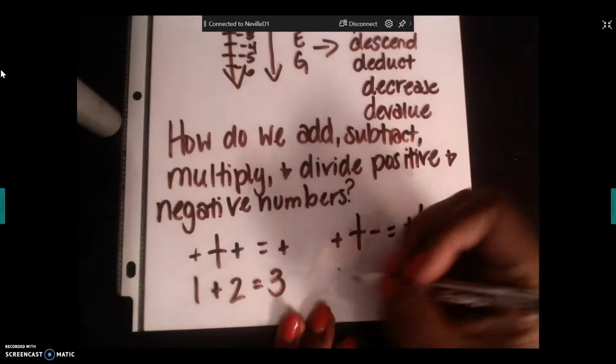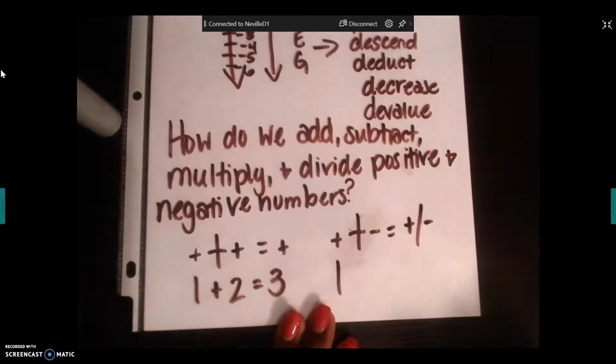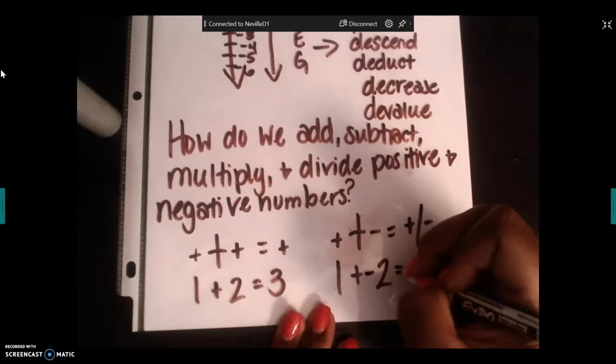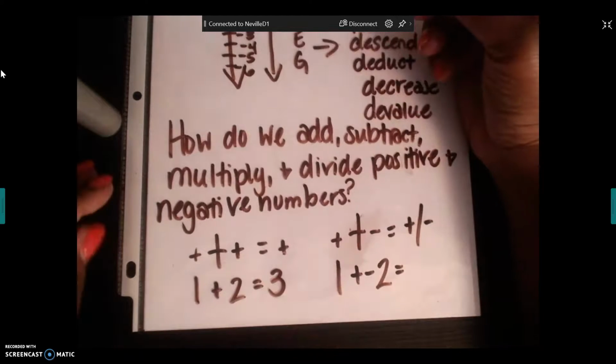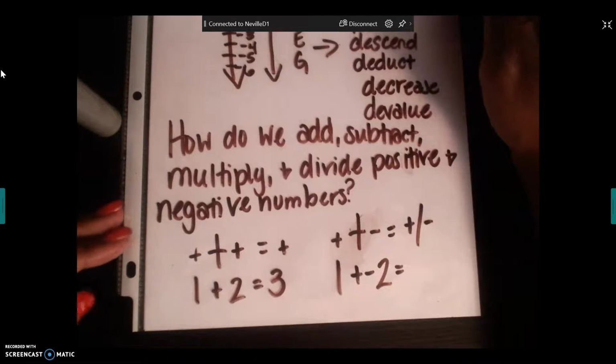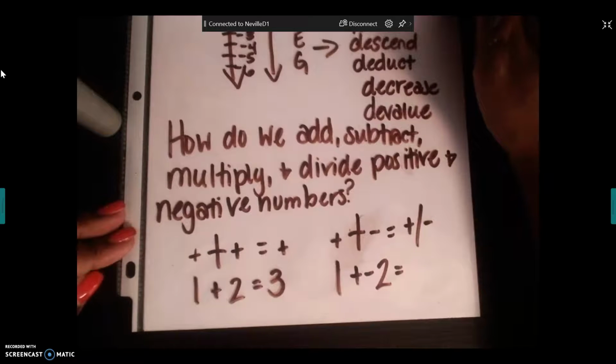Let's see that. If I have 1 plus negative 2, I have to look at my number line here.